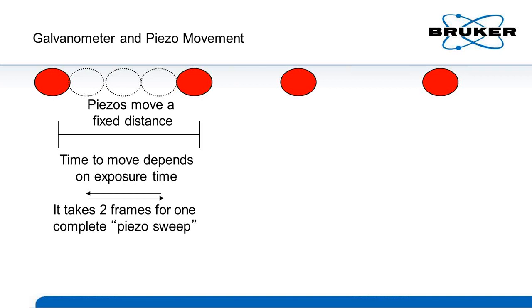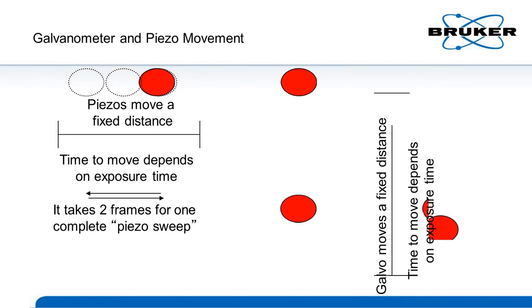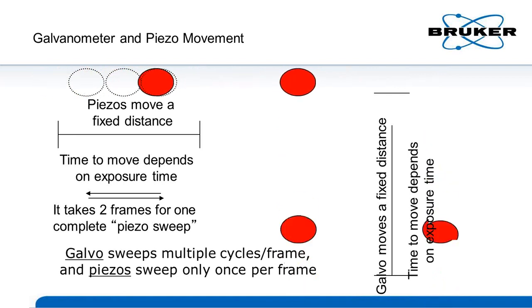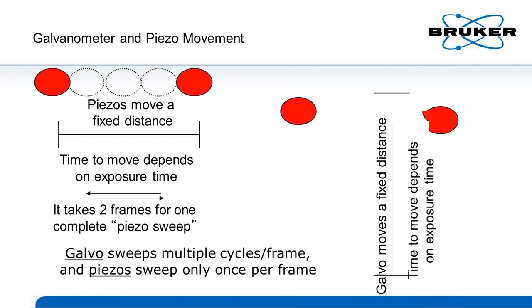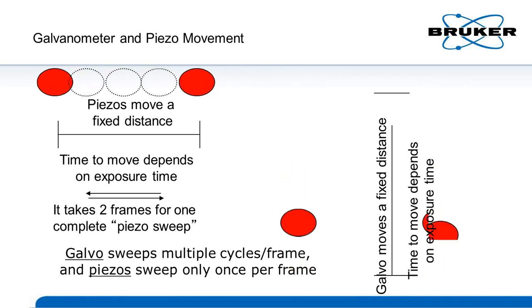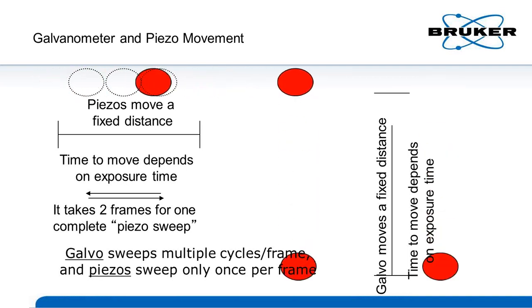And just to animate this and show you what this looks like, the piezo moves the beam in the Y direction, one sweep per frame, while the galvanometer moves the beams back and forth across the field in the X dimension several times during an exposure time or a frame.